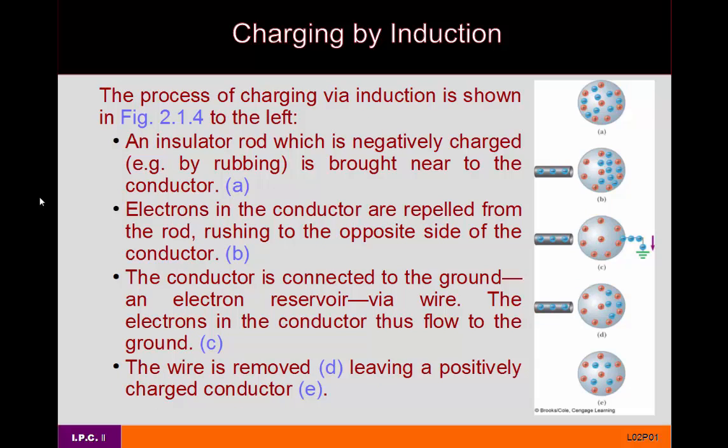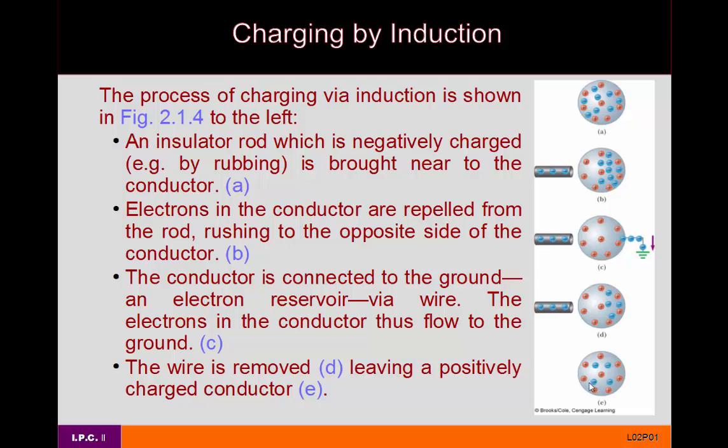Okay, so let's look at how charging by induction works. And there's actually going to be two methods here for doing this. We'll look at the first simplest method, and then I'll look at a second method that involves charging without grounding.